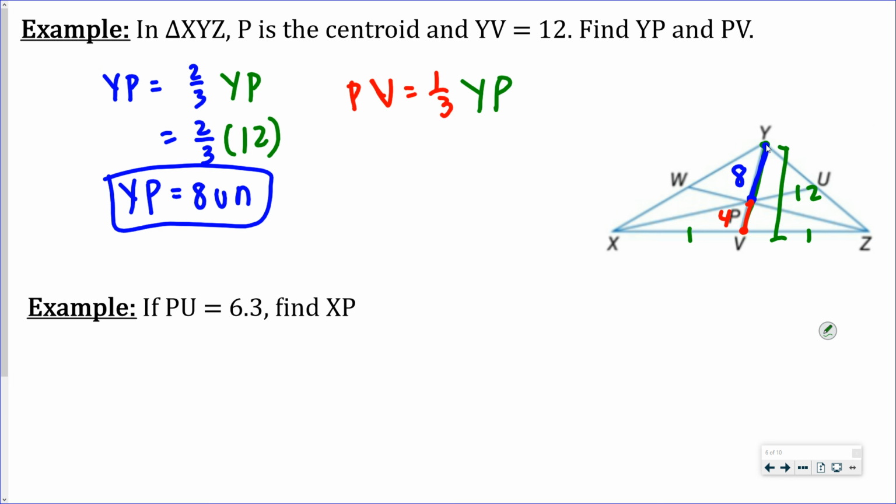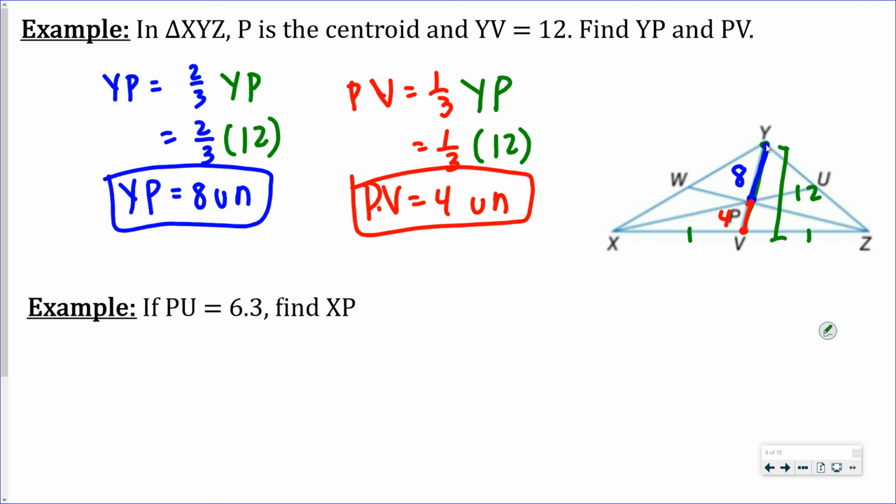You could use this knowledge too. What's 1/3 of 12? 4. Okay, or as I like to call it, the segment addition postulate, those obviously have to total 12.